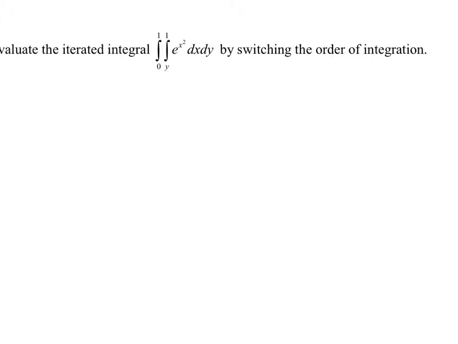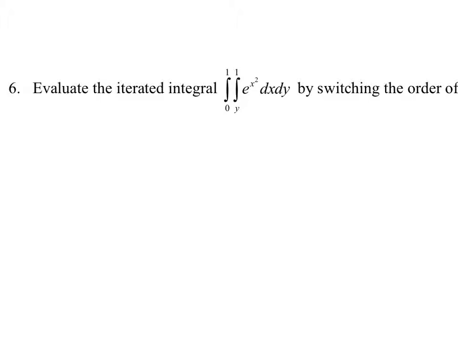The issue is you're going to do it in a way that makes sense, right? So you can't just say, I'm going to switch my dx with my dy without accounting for the boundaries of integration, right? And it's not as simple as just saying, well, just switch the y with the 0 and the 1 with the 1 and call it a day, all right? So what we're going to do is just draw a quick sketch.